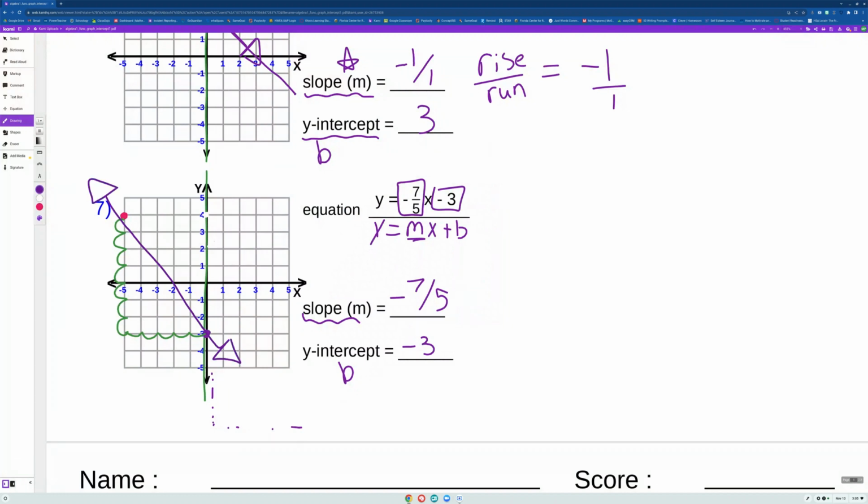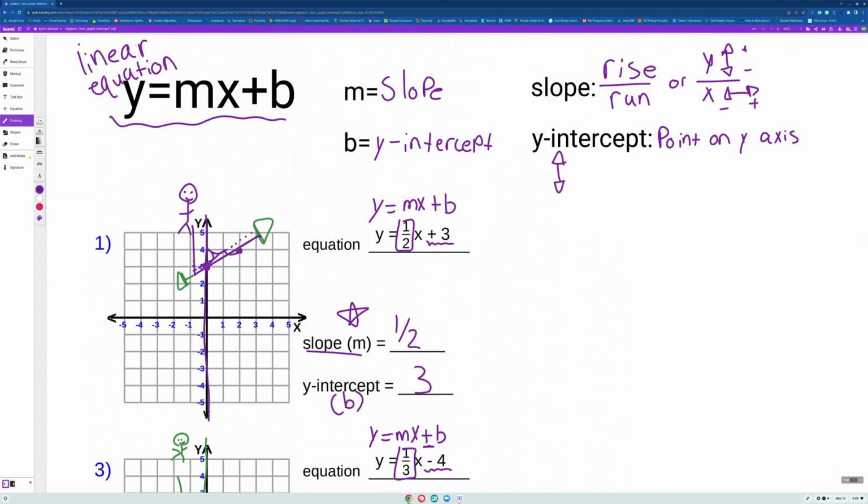And then that's it. So just to review for you guys, we're going to look at linear equations when we are graphing. So a linear equation is written as y equals mx plus b, where m equals my slope. When I say slope, I'm talking about my rise over my run, or my y, which is up and down, over my x, which is left and right.